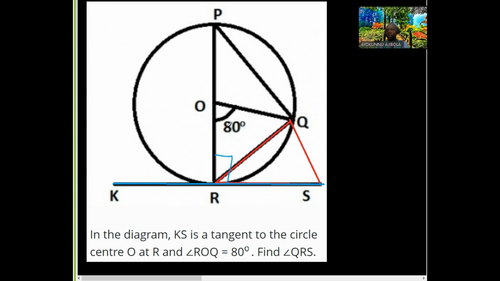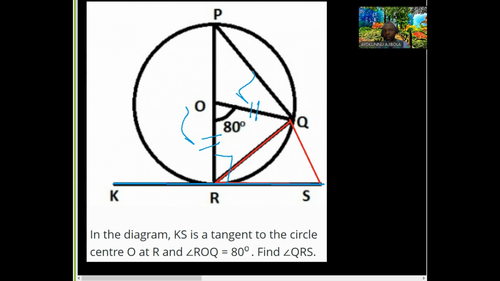Now, once we know that OR is a side of triangle ORQ, and OQ is also a side, and they must be equal because this is a radius and this is a radius. Is that clear? Then this is an isosceles triangle, okay?